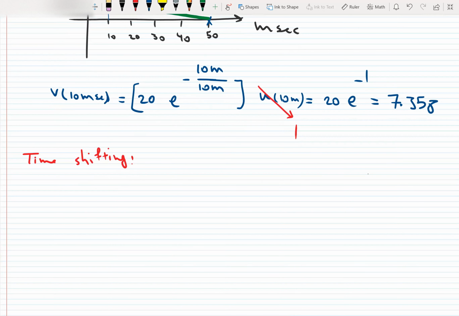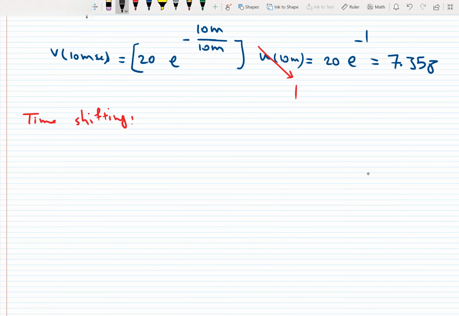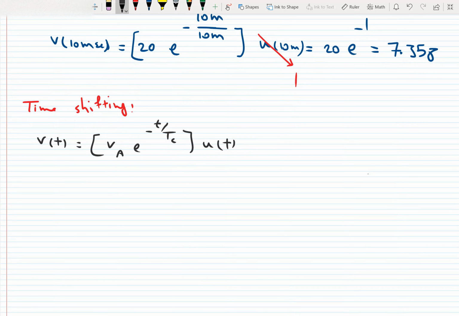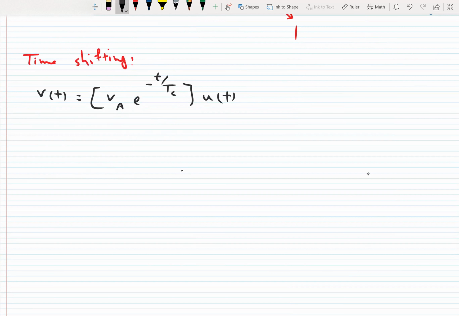Time shifting. We know that the original signal for the exponential function, as we discussed, is v of t is equal to VA e to the negative t over Tc u of t. And we graphed the signal, so the signal is in this form.